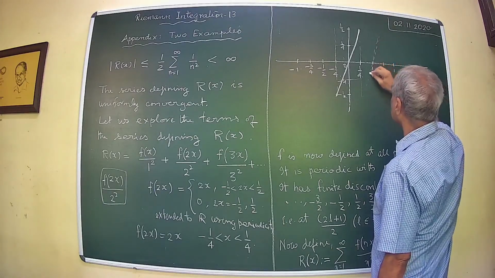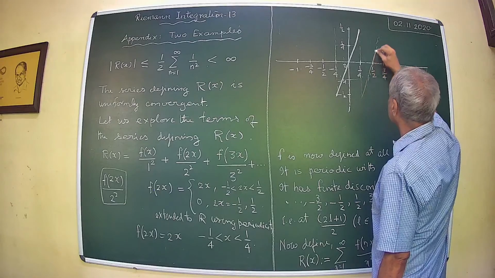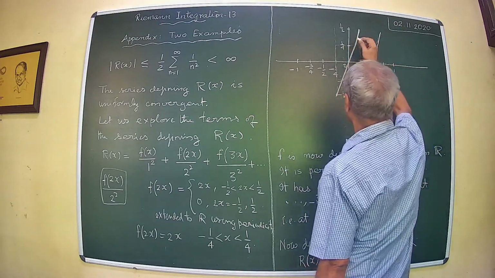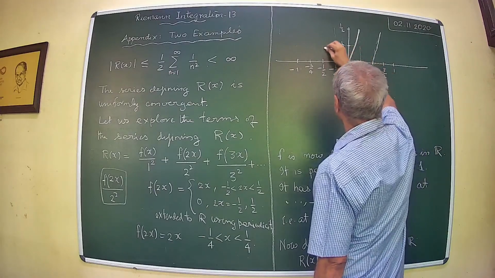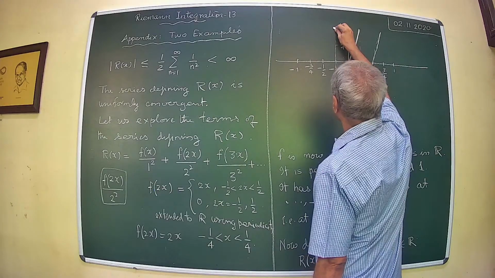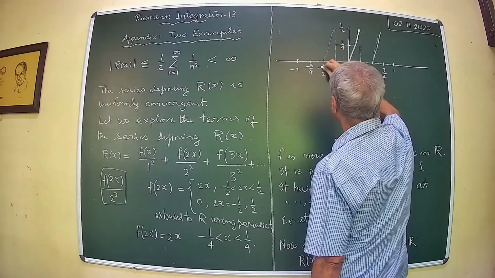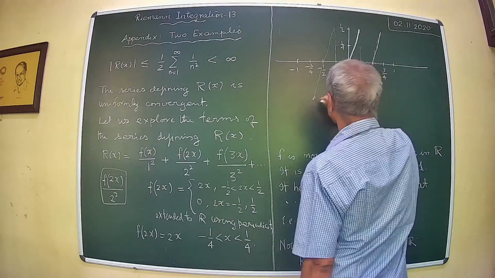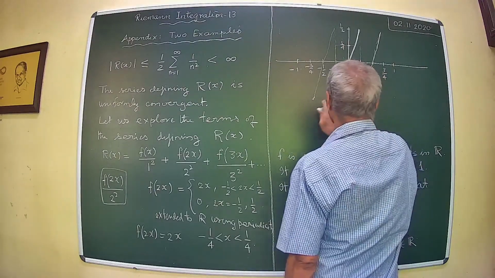By extending you will get this one. Similarly, you have the minus there, it's 3/4 by that time, and so on.